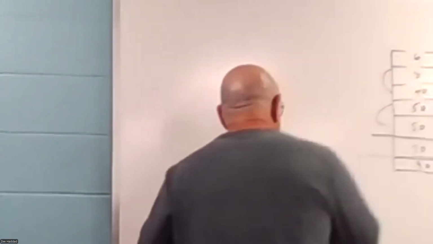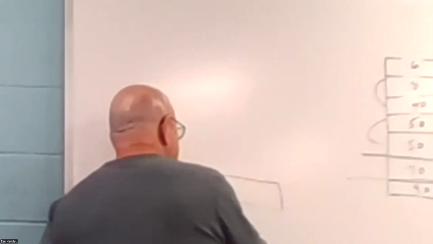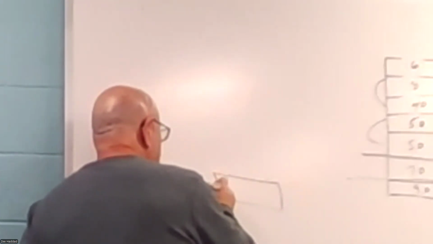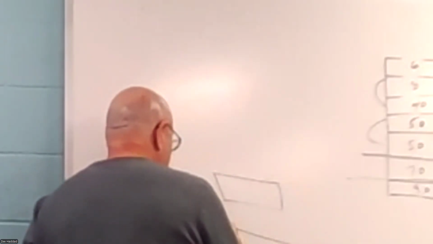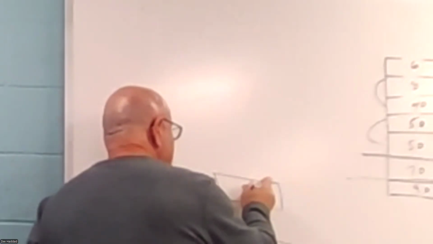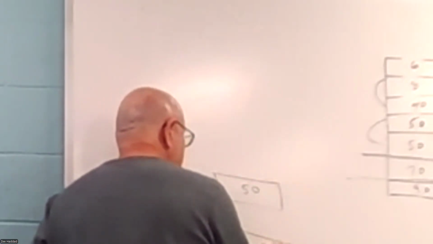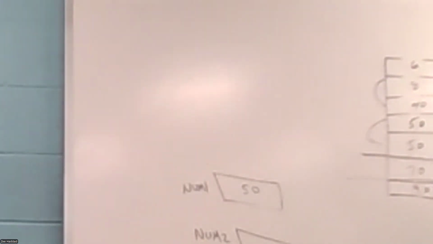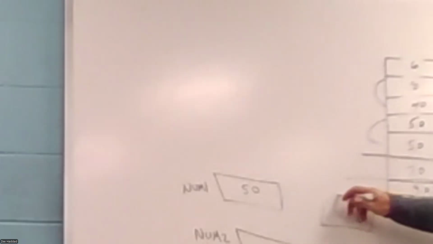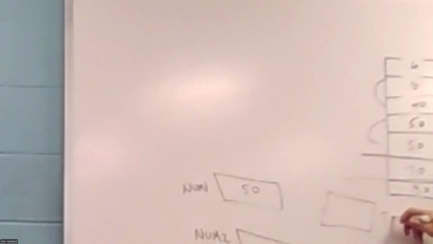Let's have this array, this location has num1 in it, the first number, and this has num2. This has a 50, and this has a 10. And you want to swap them. To swap them, the only way to do it is you need to have a temporary, empty container. We'll call it temp for temporary.